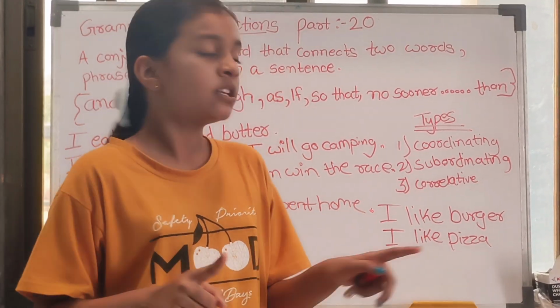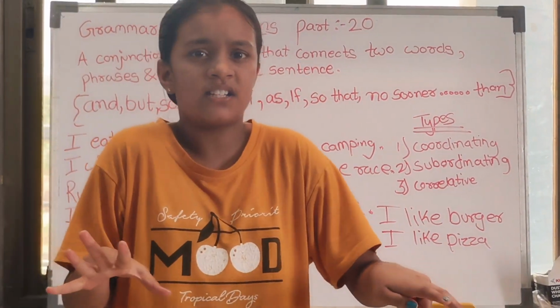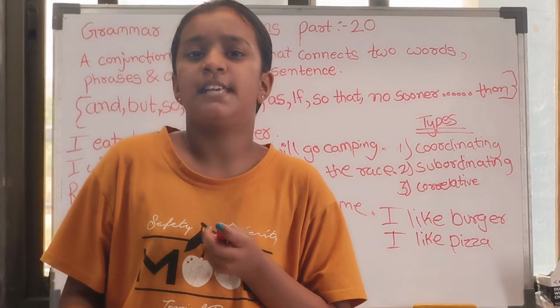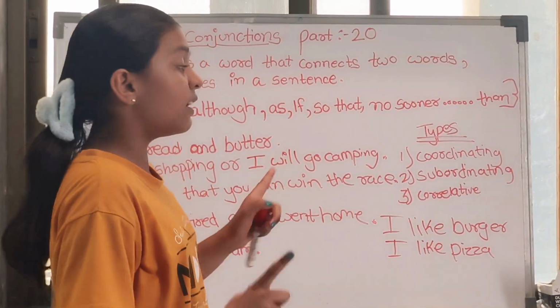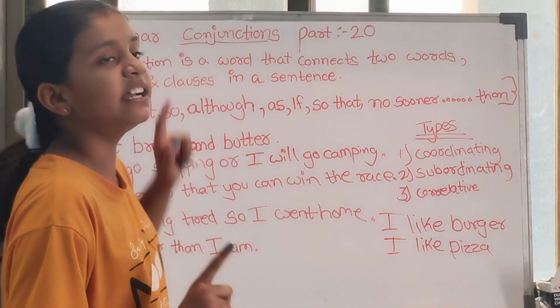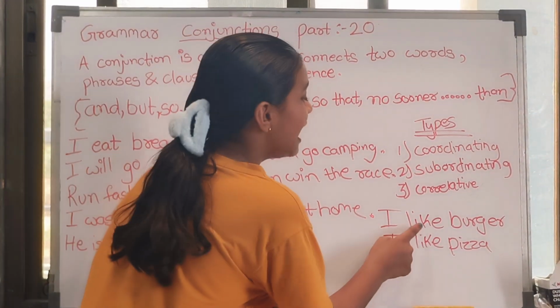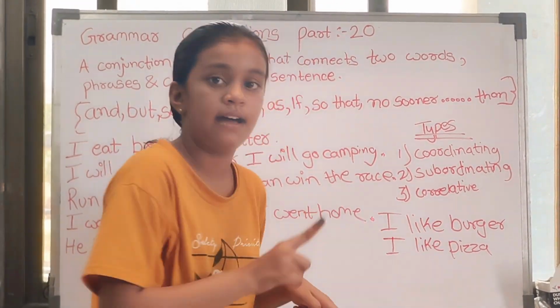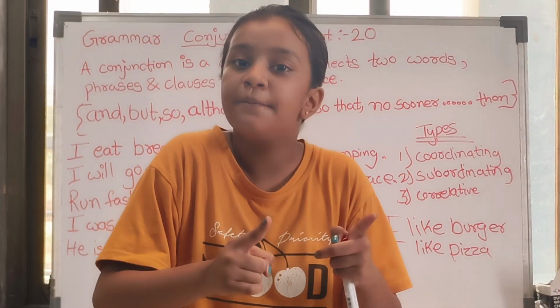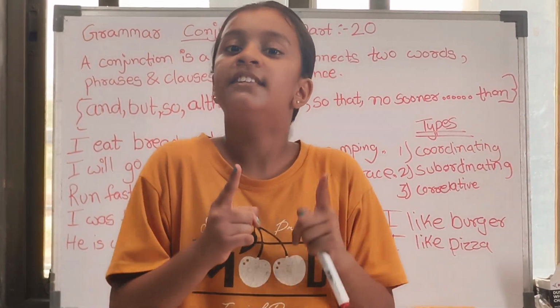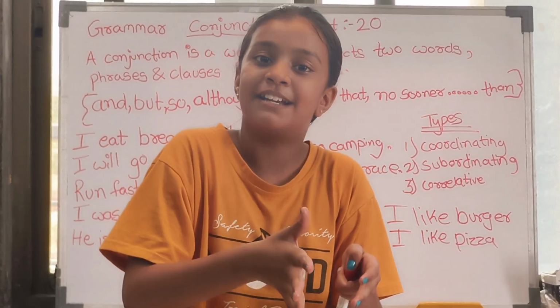See, I am taking too much effort writing I like burger and I like pizza, both sentences. But if I have to make it short, I will use the conjunction. Now see, I will write I like burger and pizza. I will make it short. It means the conjunction makes sentences short and better to speak.